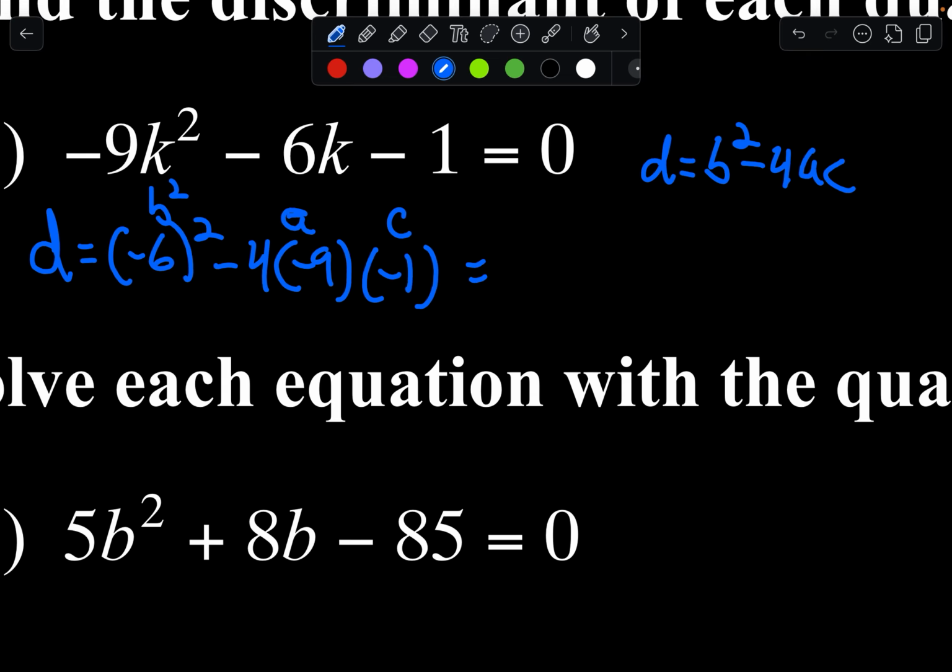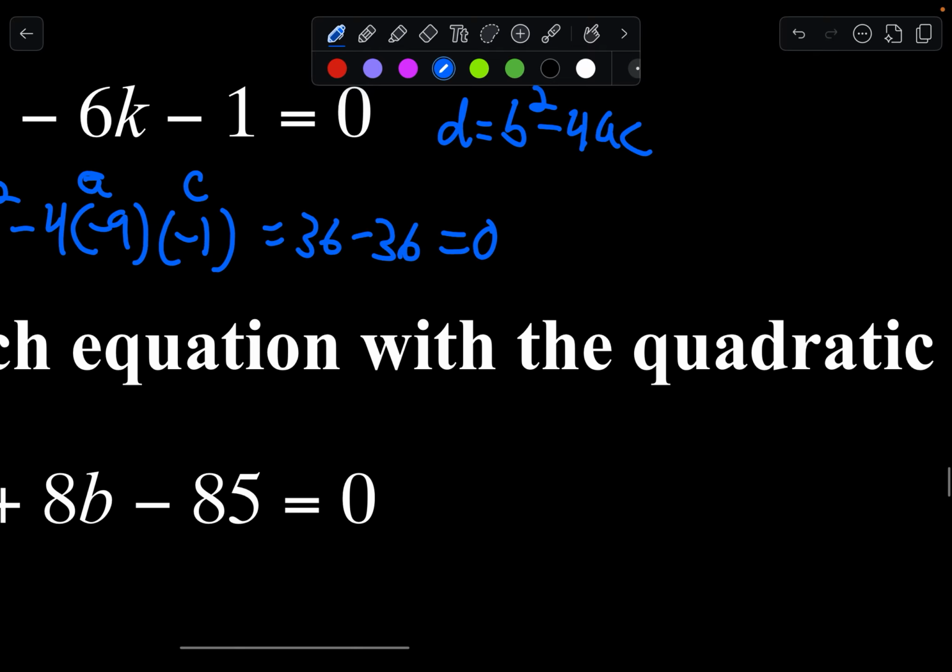So that works out to be 36 minus 36, which equals 0. Since the discriminant is 0, and that's the part of the quadratic formula that's added and subtracted, we're left with one real solution. Okay?